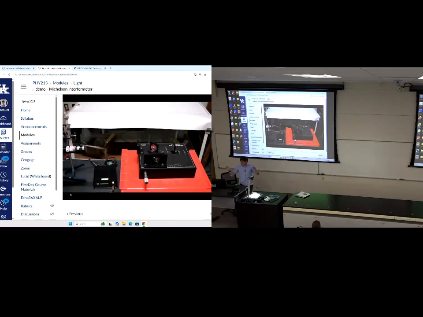I believe it's for measuring the wavelength of light. And it'll just walk us through, again, the components of the interferometer, and then a demonstration of measuring fringe shifts or fringe cycles and determining the wavelength of light.